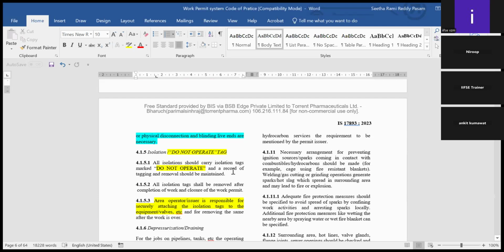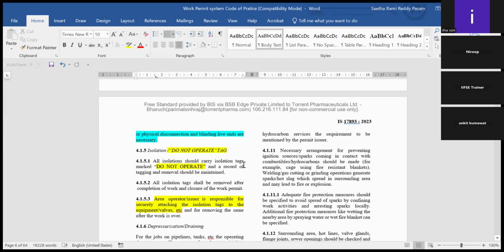Then the isolation should carry an isolation tag marked do not operate, and also a record of the tagging and the removal should be maintained. So for the record of the tagging, somewhere we should have a track of this record: who has performed this LOTO, when it was performed, and when it was removed.